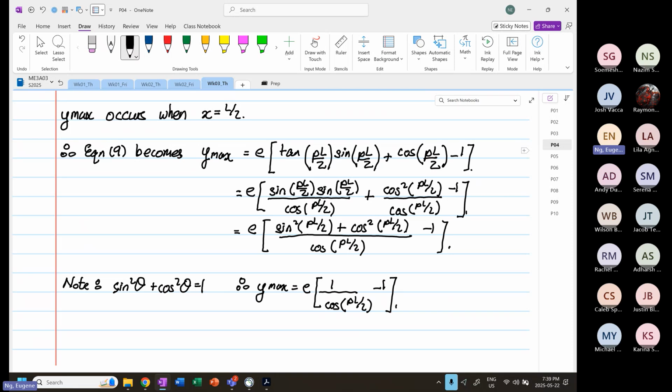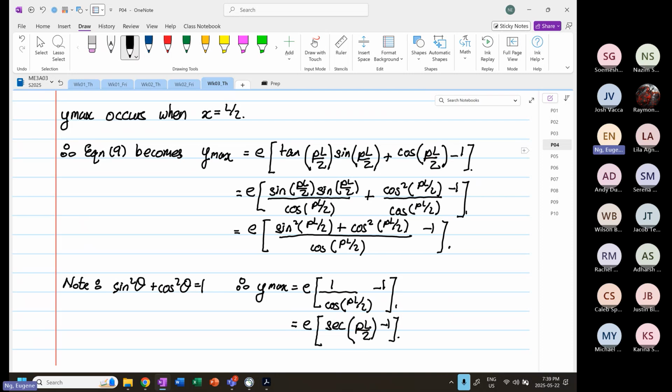And then we can rewrite this to be equal to e secant pL over 2 minus 1.